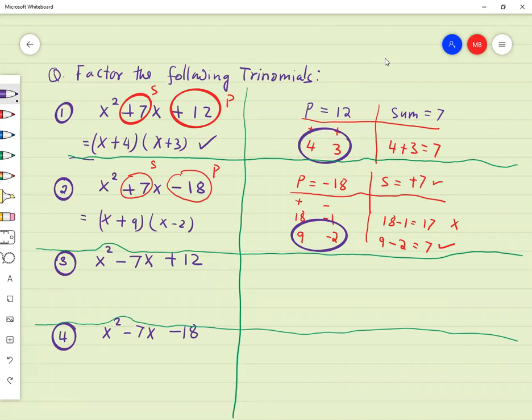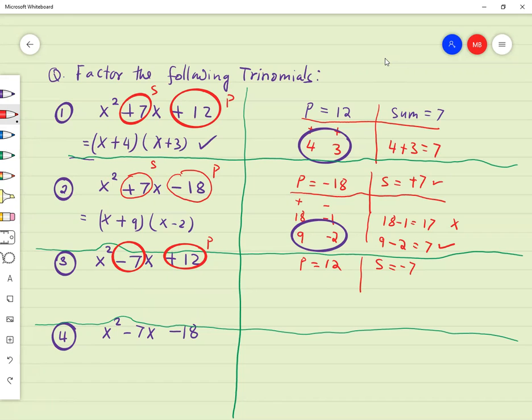Let's look at the third example where we have x squared minus 7x plus 12. This time we are looking for the two numbers whose product is positive 12 and the sum is negative 7. Because the product is positive 12, both numbers must have the same sign, positive, positive or negative, negative.